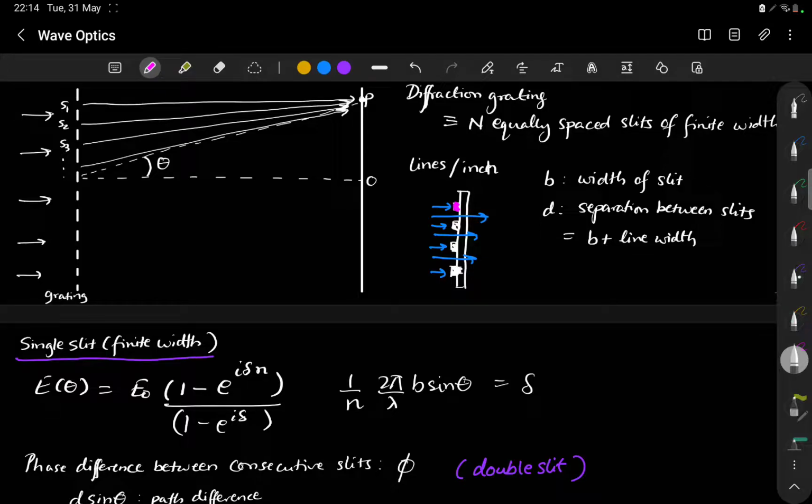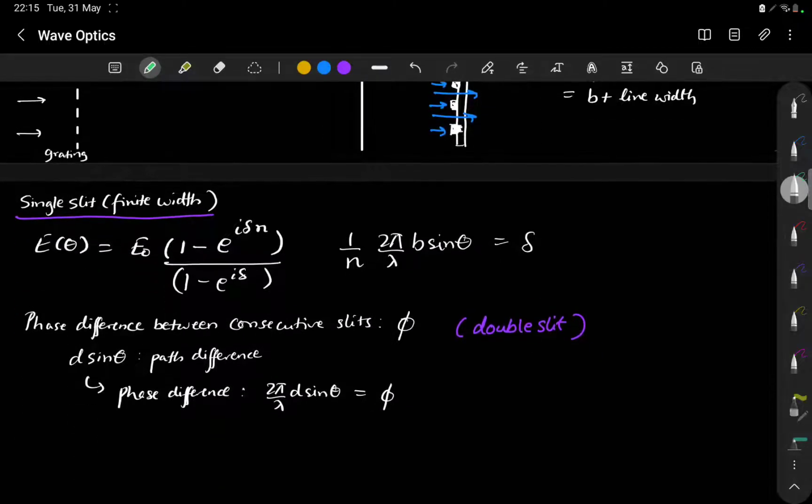So this is the slit. So the green width is the slit width and the pink width is the line width. So the sum of the slit width and the line width is the separation between two consecutive slits. So these are the parameters over here.